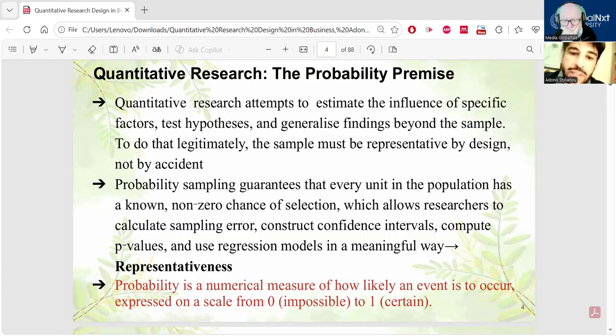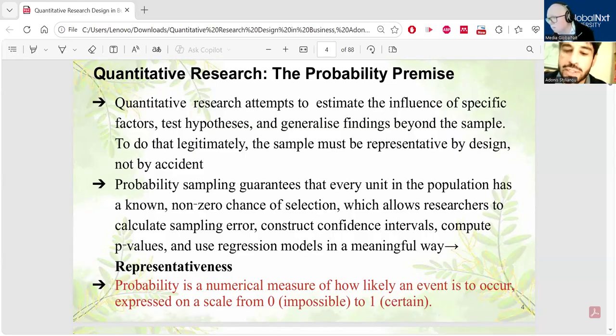We are dealing with uncertainty, with randomness, and therefore we need the probability construct. Probability is a numerical measure of how likely an event is to occur and is expressed between 0 and 1. The most important property, however, is how probability allows us to have an adequately representative sample.